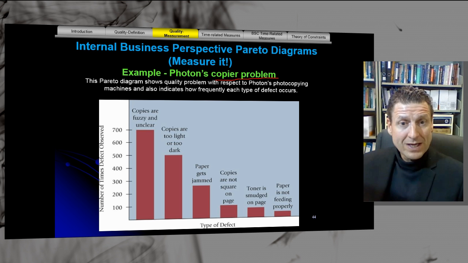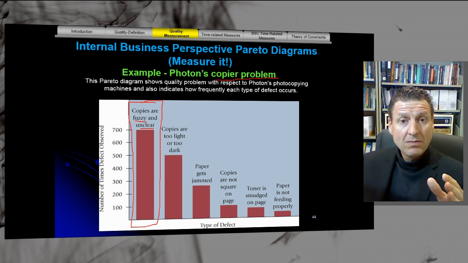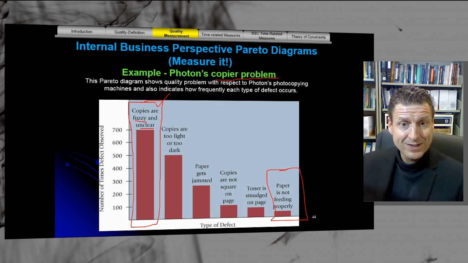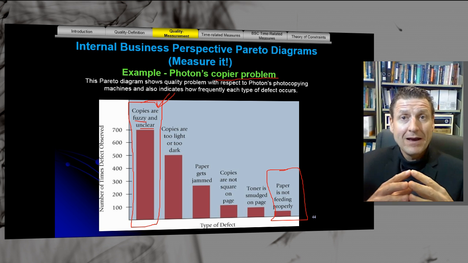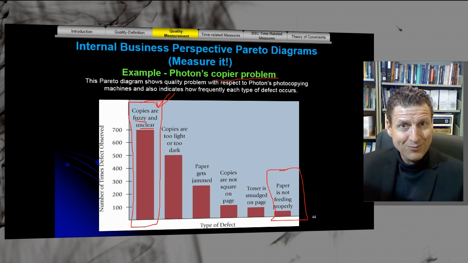The 20% may be down here, and that is copies that are fuzzy and unclear. This is the number one problem you may want to focus on and devote resources to, rather than focusing on problems down here as a reason for the defect, because this is going to give you more bang for the buck when you correct this problem, assuming you have limited resources and cannot correct all of the problems at once.